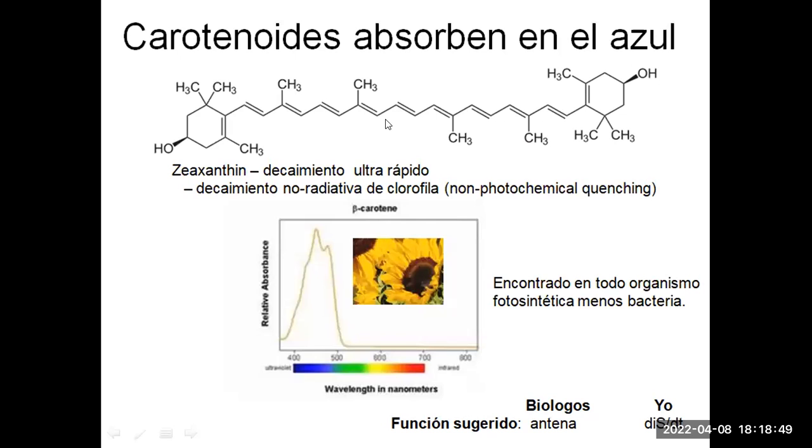We also have the carotenoids, which absorb in the blue. They give rise to this yellow color, but these are pigments. And so these we can find in almost all the photosynthetic organisms, except in bacteria.